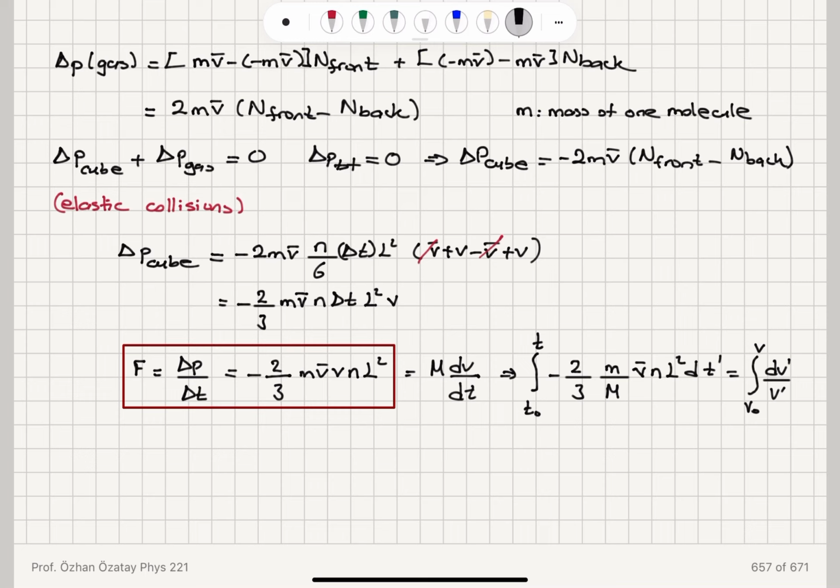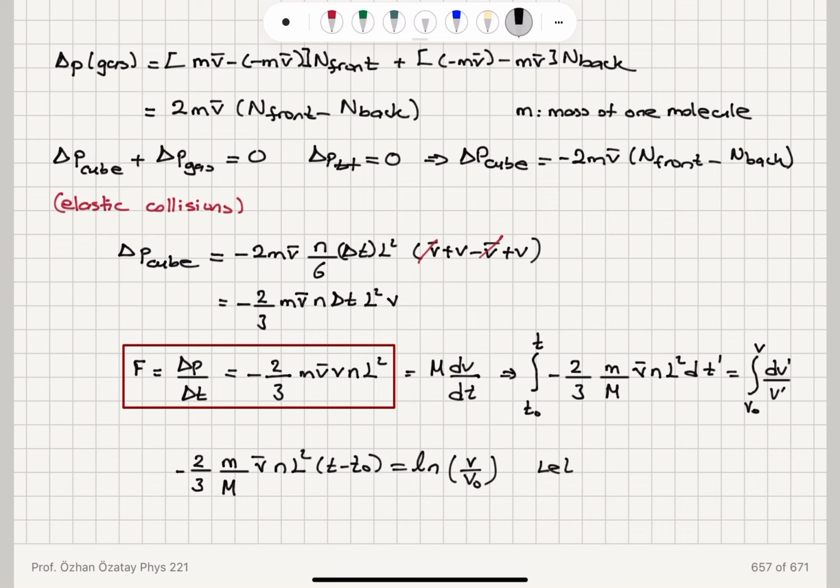And this integration gives me minus 2 over 3, mass of one molecule divided by the mass of the spacecraft, mean speed of the molecules, and number density, L square, t minus t0, is natural logarithm of v divided by v0.